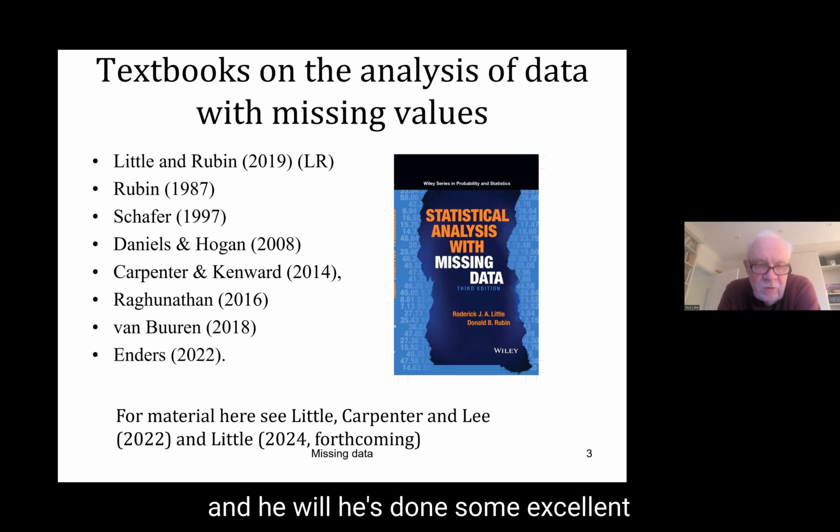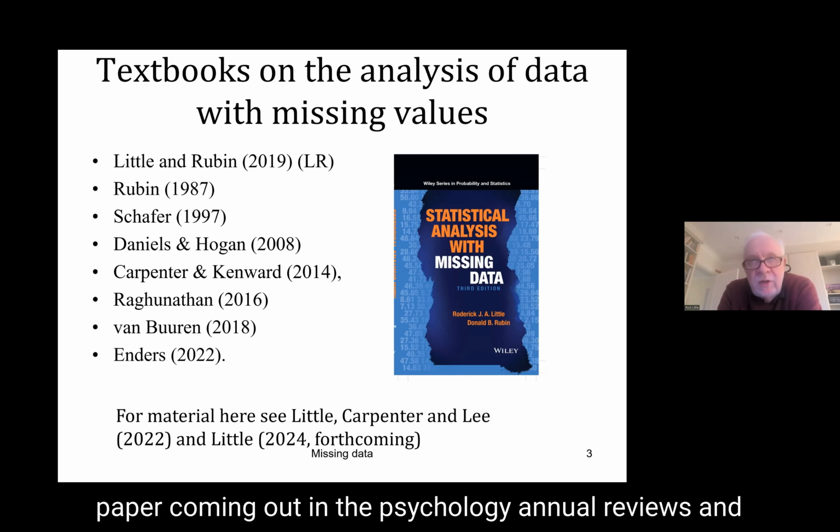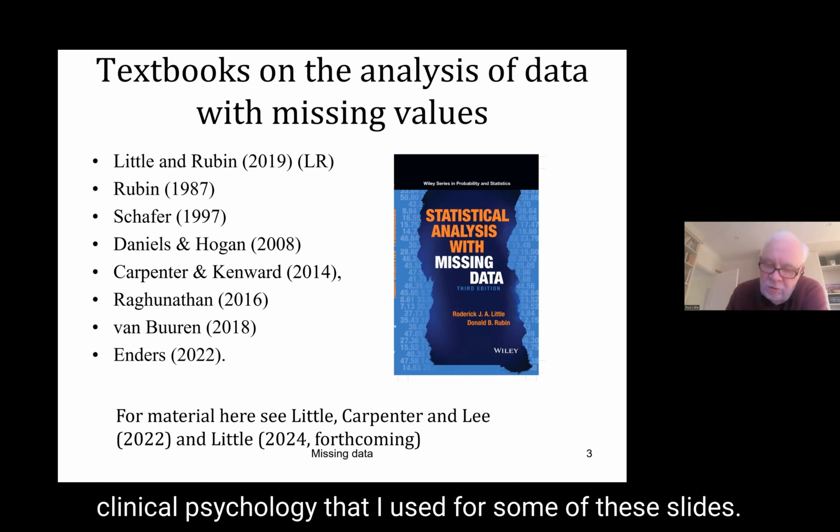And he's done some excellent work on developing multiple imputation. And then I mentioned the Lee Carpenter paper that's in the references. And I have a review paper coming out in the Annual Review of Clinical Psychology that I used for some of these slides.